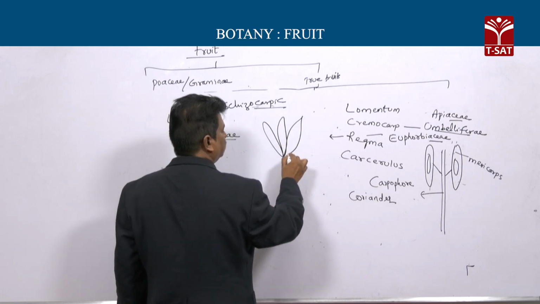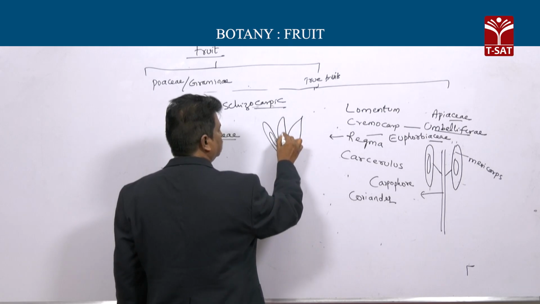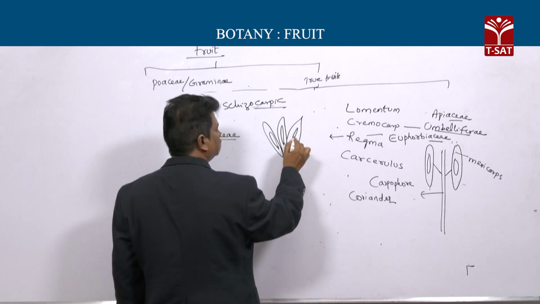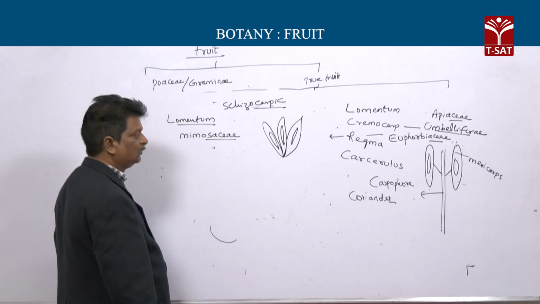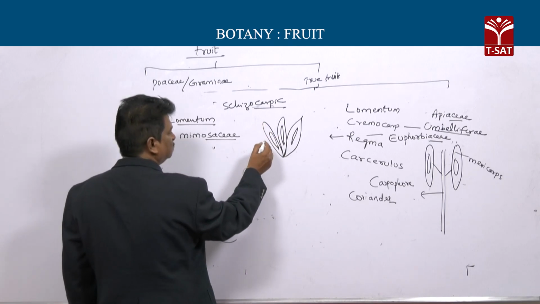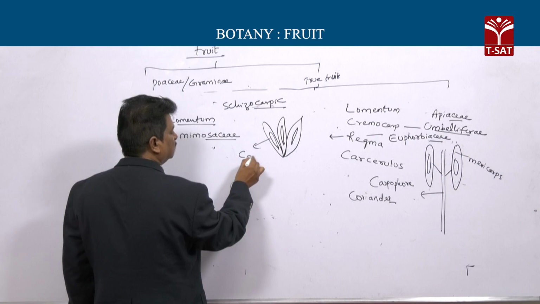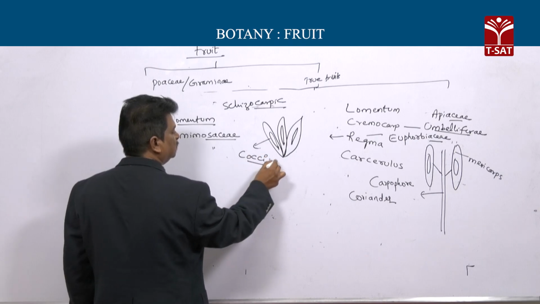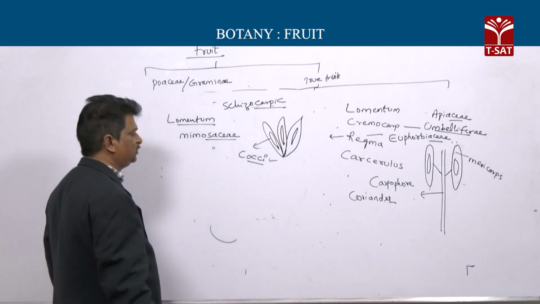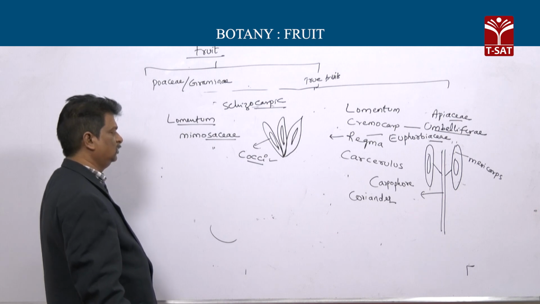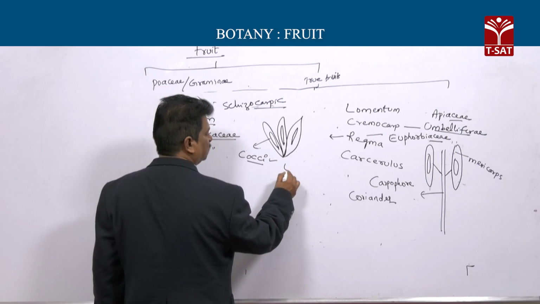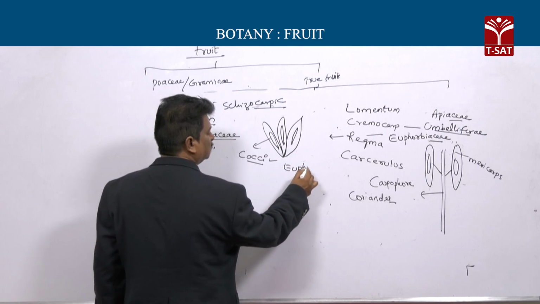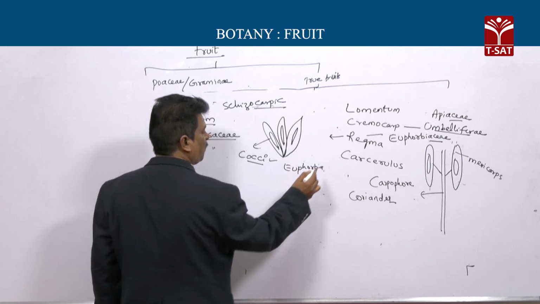It is developed from a tricarpellary, syncarpous, trilocular ovary with axial placentation. That is why the fruit breaks into three single-seeded bits called cocci. An example for Regma is castor.